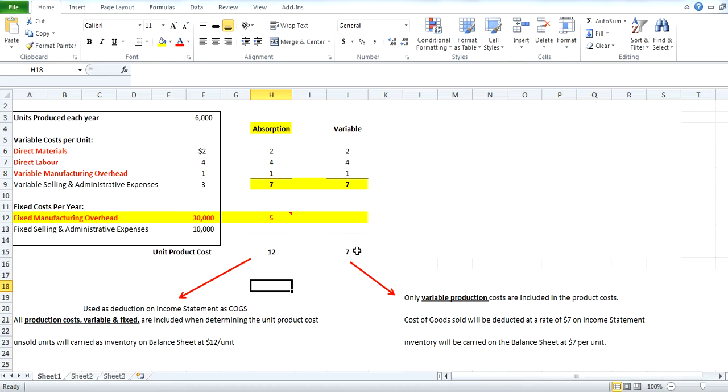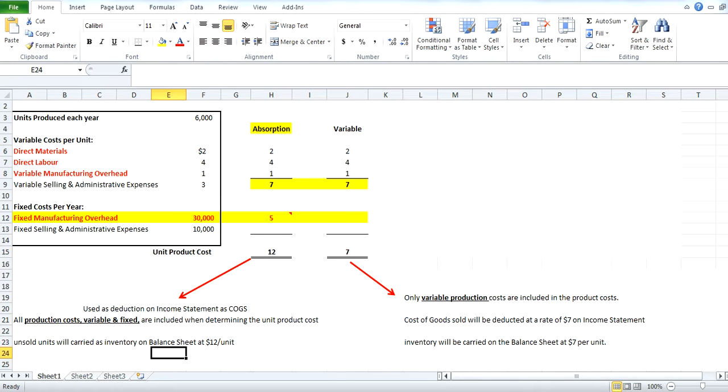It'll be 6,000 times 7. So you should be able to identify that your income will be higher using variable costing. Your net income will be higher if you use variable costing, and lower if you use absorption costing, because you're going to have a higher cost of goods sold. Your contribution margin, sorry.